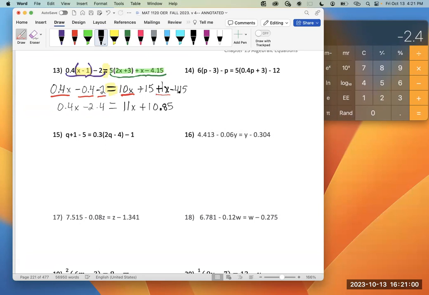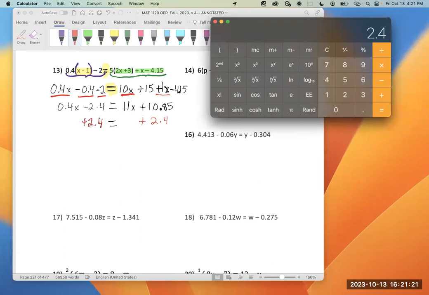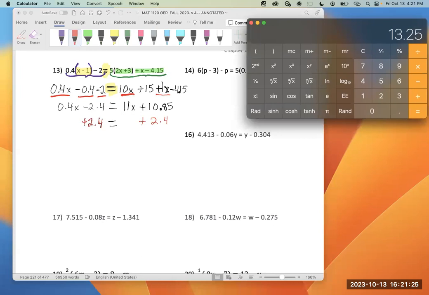Now I want to get my x values on the same side of the equation. I'm going to add 2.4 to both sides. I'll use a different color. I'm adding 2.4 to 10.85, 13.25.